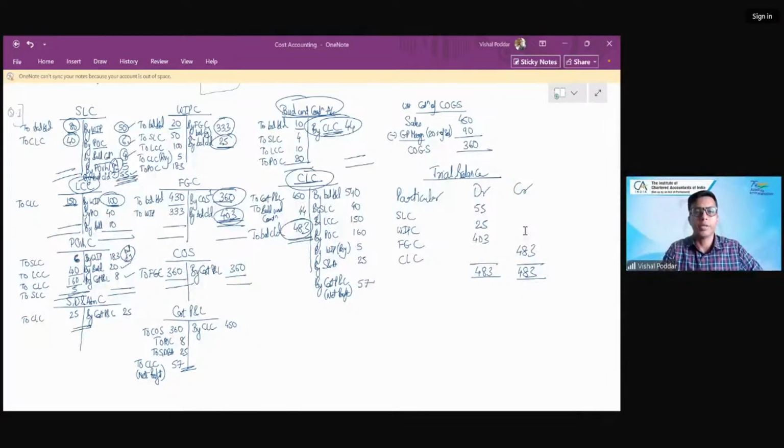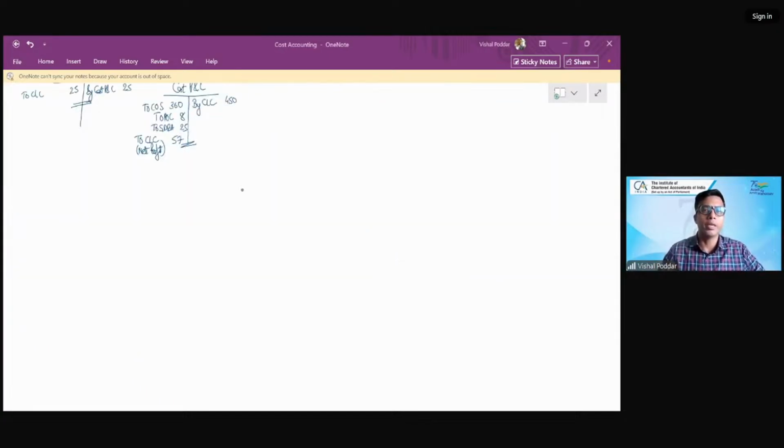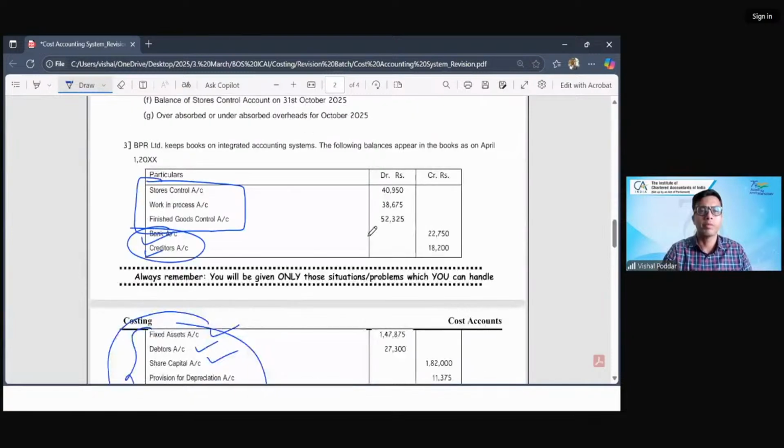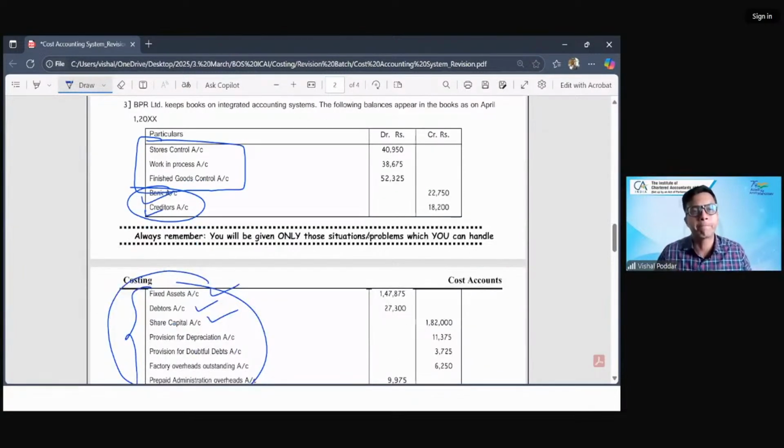Great. Very good. Now let us take up a sum under the integrated category. Let me take you to question 3 first.